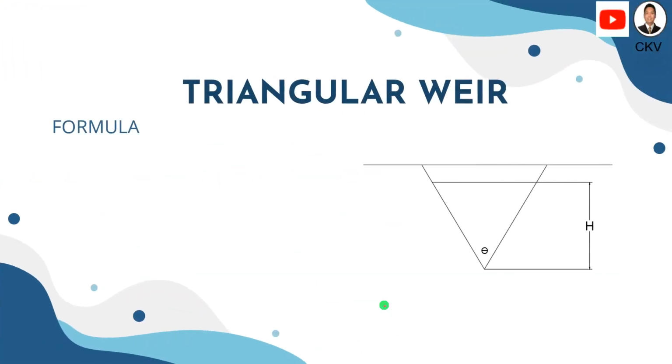For a triangular weir, here's our formula. Q equals 8/15 C times the square root of 2g times tan(theta/2) times H raised to 5/2. H is the height from the liquid surface to the bottom, or the vertex, of this triangular weir, and we have an angle theta, which is the weir angle.